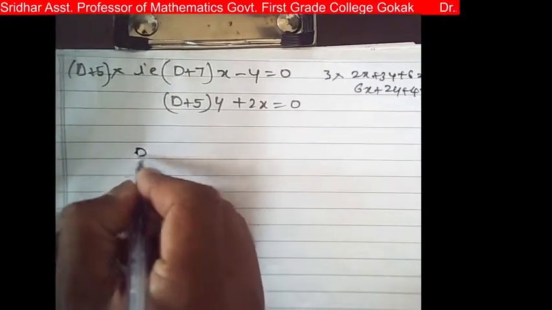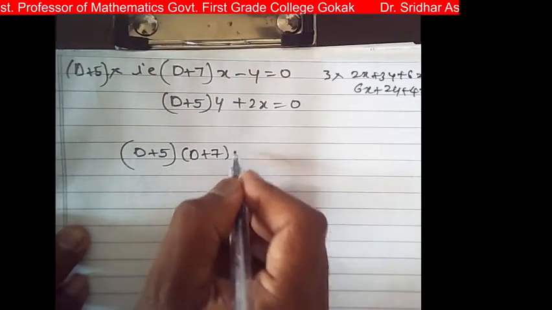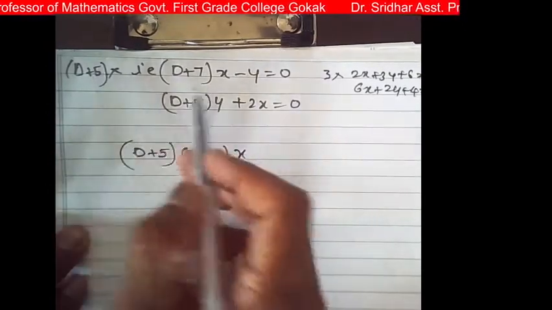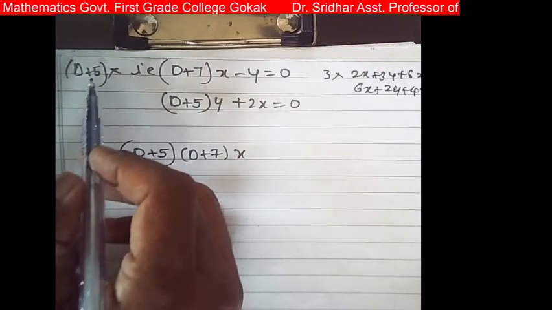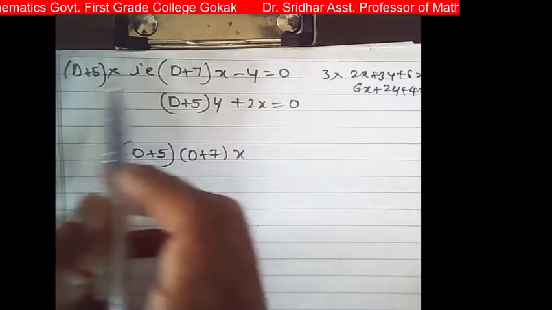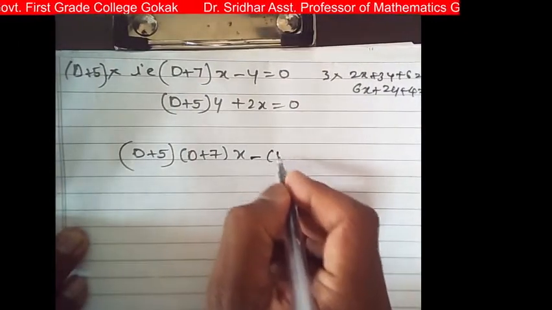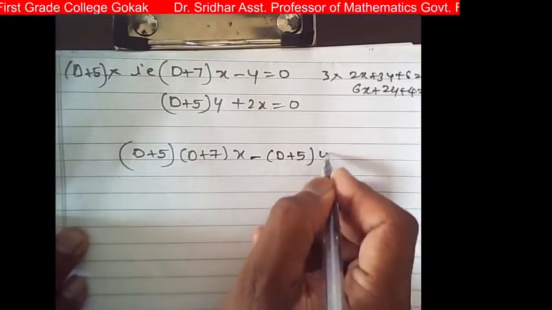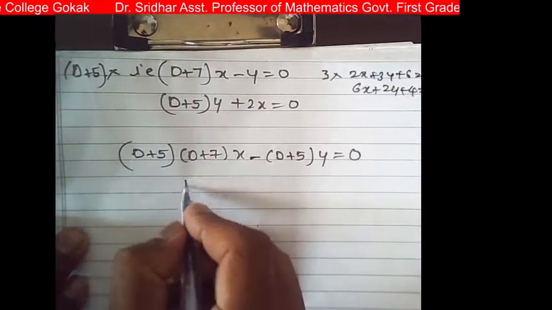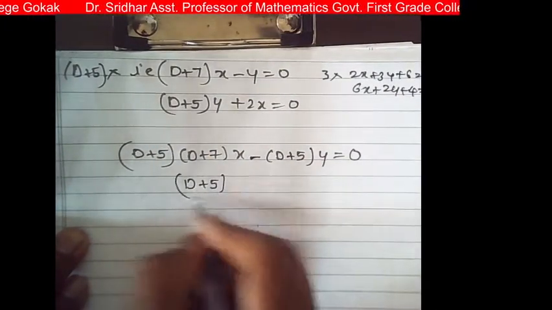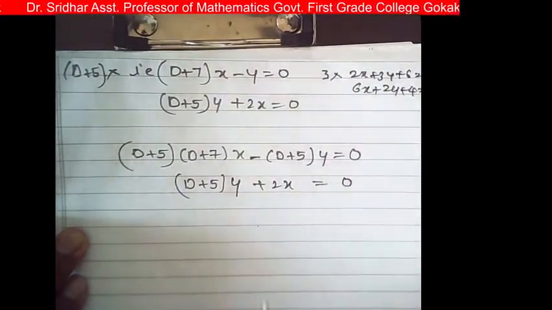(D+5)(D+7)x. I have to multiply each and every term of this equation with D+5. Then minus (D+5)y equal to 0. Next, write the second equation as it is: (D+5)y + 2x = 0.